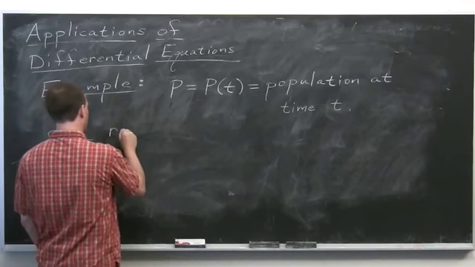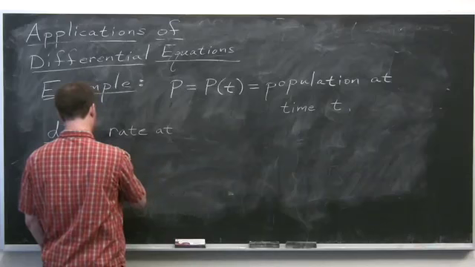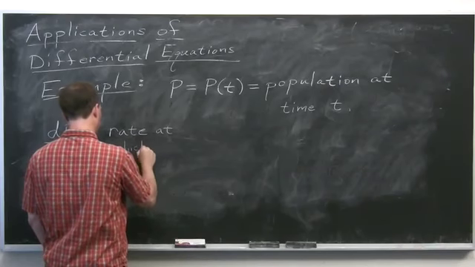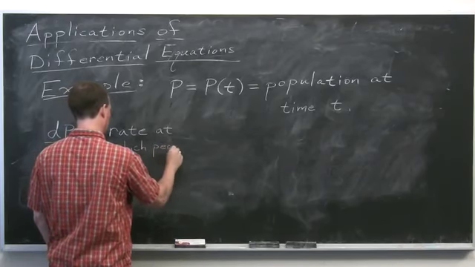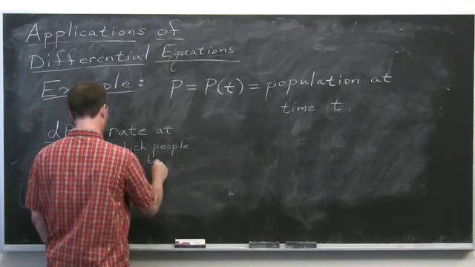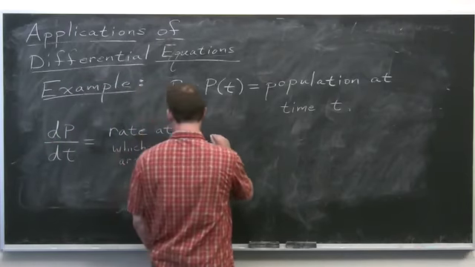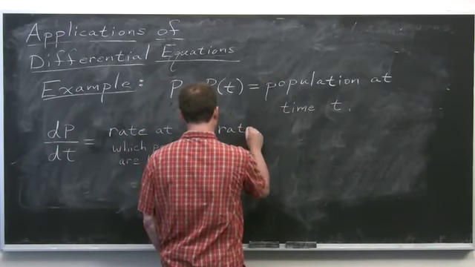There's the rate at which people are born, per whatever the time unit is, minus the rate at which people die.